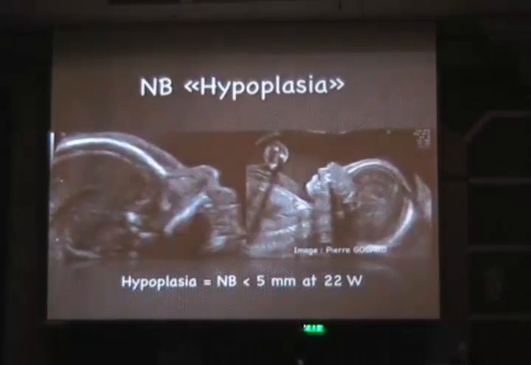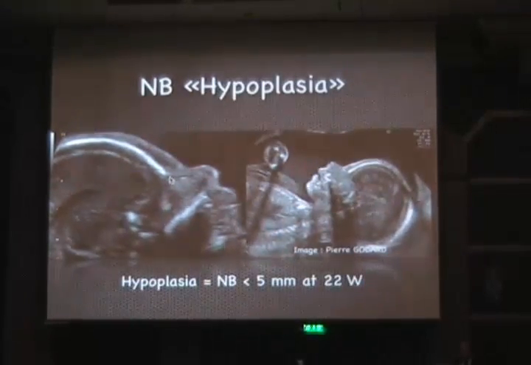So, you see here, the hypoplasia of the nasal bone. It doesn't mean that the nasal bone is not here. It just means that there is no ossification of the nasal bone. You see the nasal bone is here, but it is hypoechogenic. When we speak about hypoplasia of the nasal bone, we have to speak about absence of ossification of the nasal bone. And this is very important.